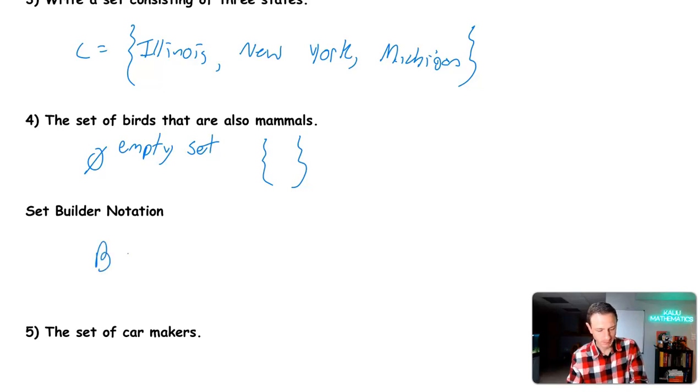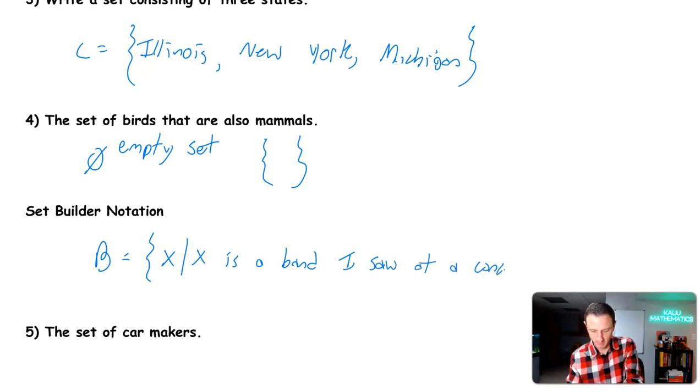So let's say B is equal to the set of all x's such that x is a band I saw at a concert. So that would be set builder notation.